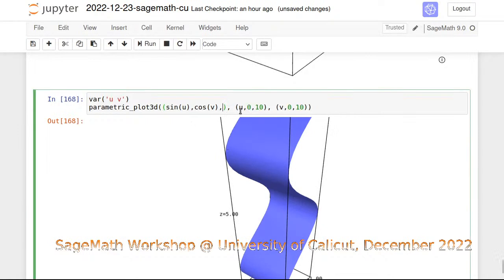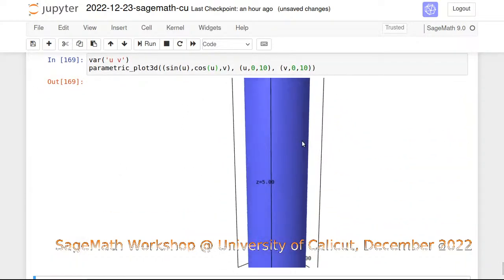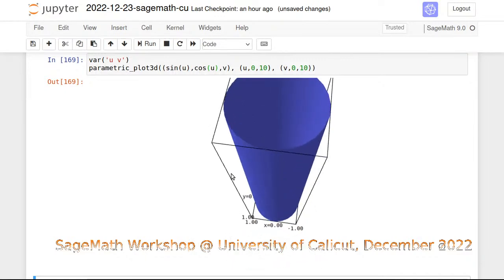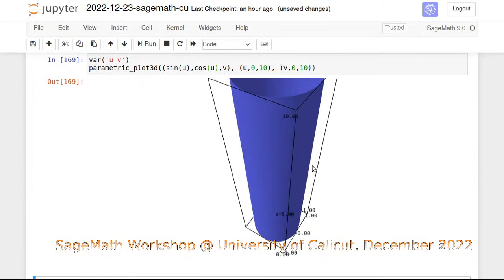And if you take this to be v instead and this to be u, see that corresponding to every v, every u, sin u cos u is constructed.